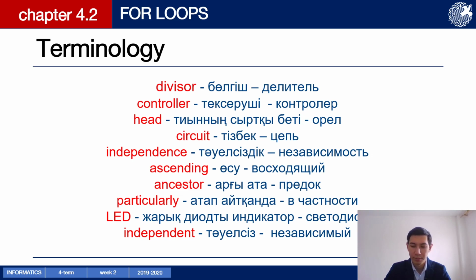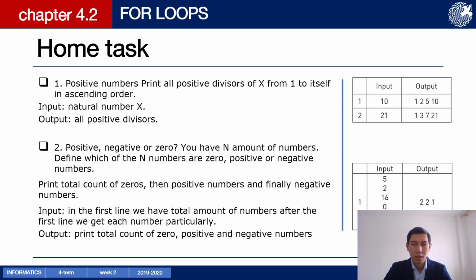Okay, so for the home task we have positive numbers. Print all positive divisors of x from 1 to itself in ascending order. The input is a natural number x, and the output is all positive divisors.